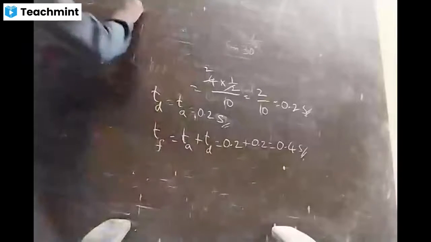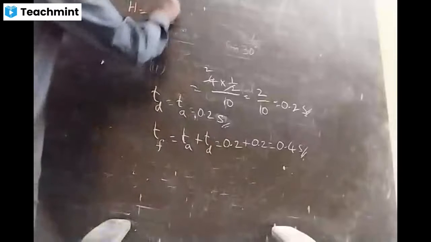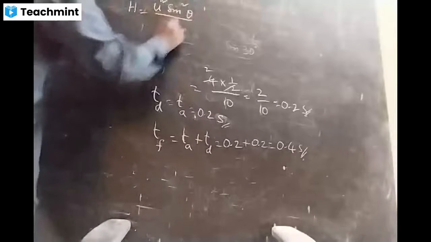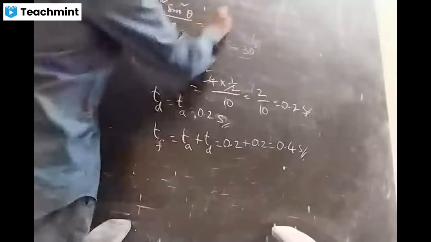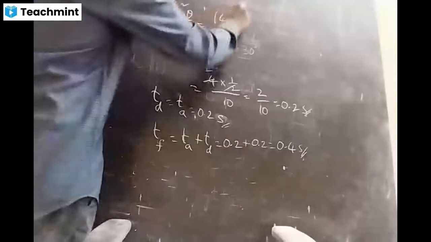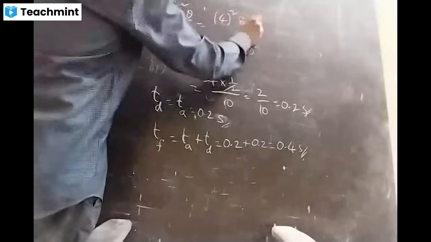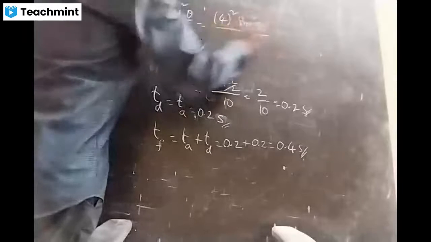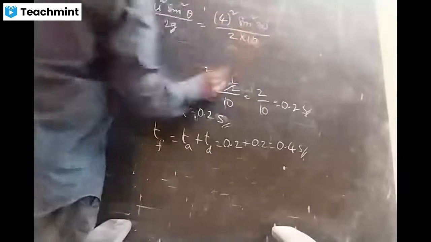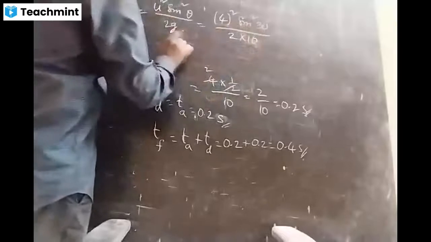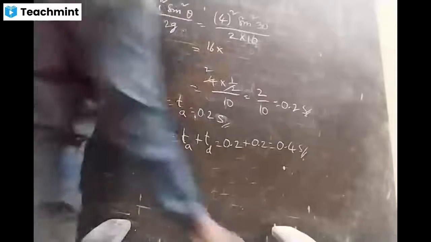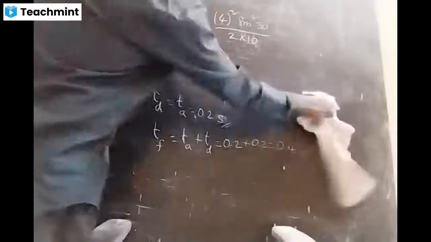H max is equal to U square sin square theta by 2g. That is 4 square into sin square 30, that is 1/2 whole square, by 2 into 10, which is 20. 2 into 4 square is 16. 16 into 1 by 4, since 1 by 2 whole square is 1 by 4.